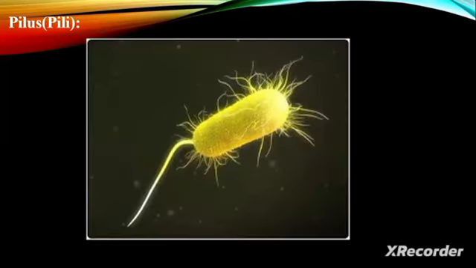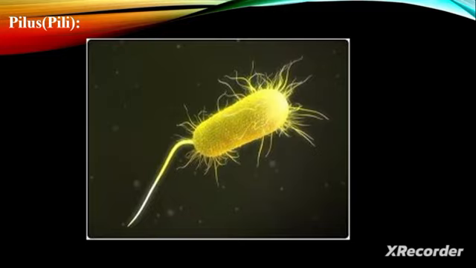Pili are hair-like extensions longer than fimbriae. Specialized sex pili act like a physical bridge between two cells, allowing them to transfer plasmids directly to one another.